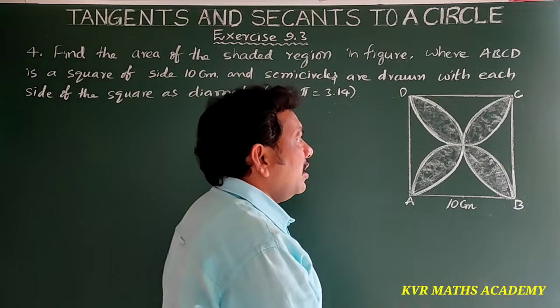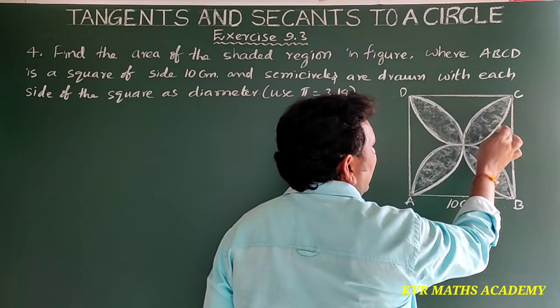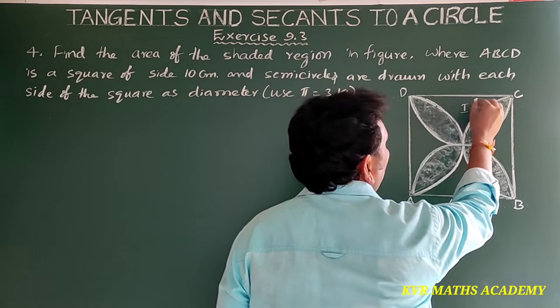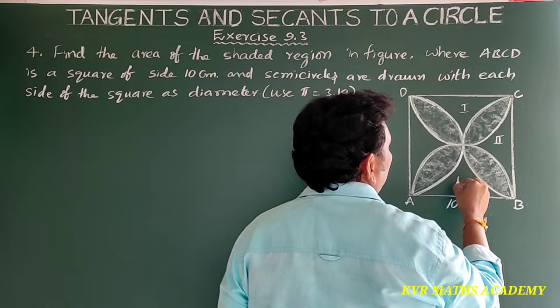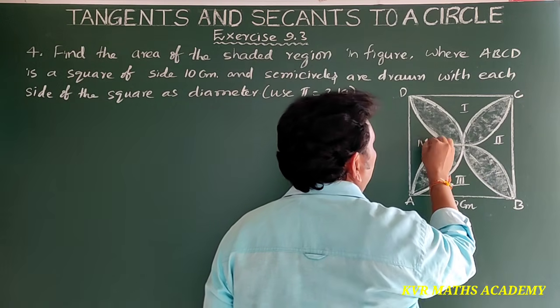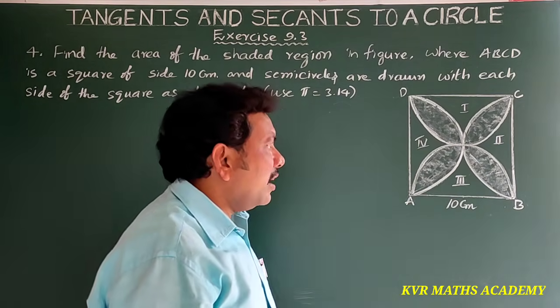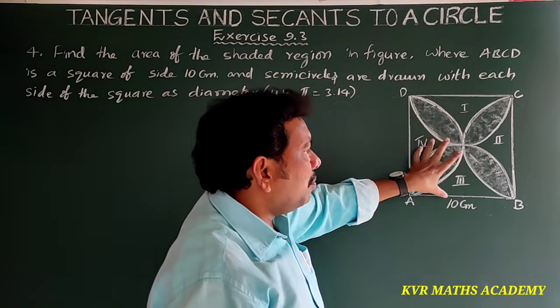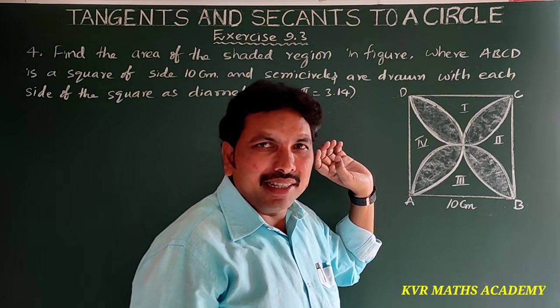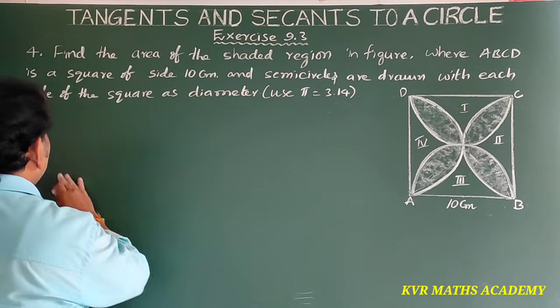First, what will you do? Mark these unshaded portions as 1, 2, 3, 4, right? Then find all the portions of the unshaded regions. Yes, write down.